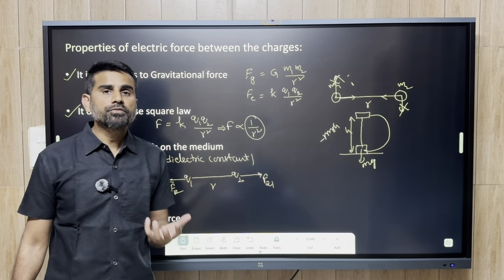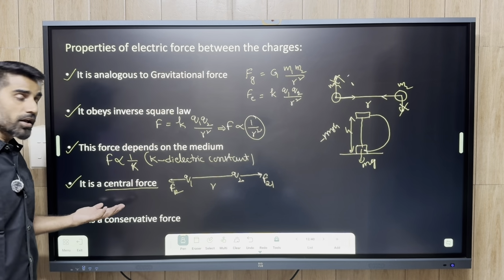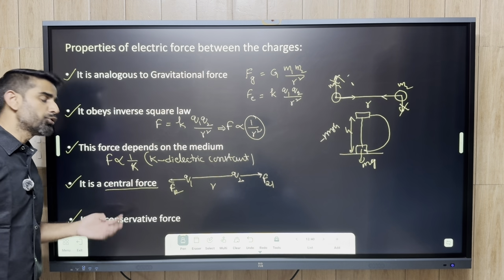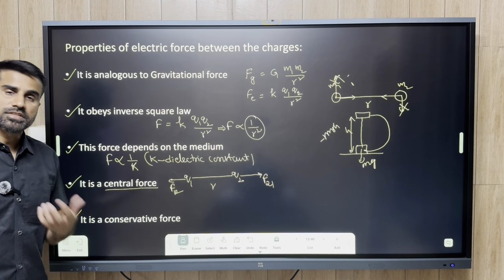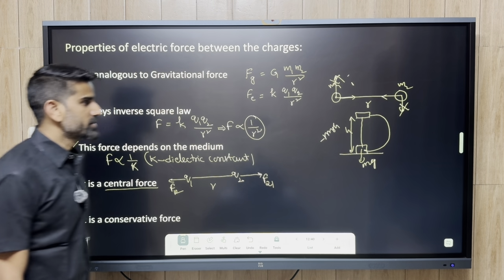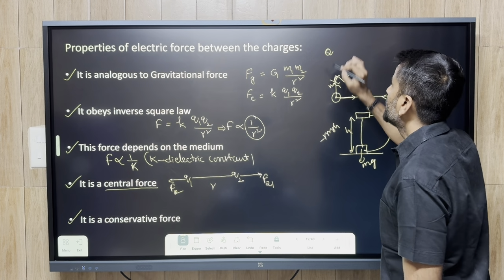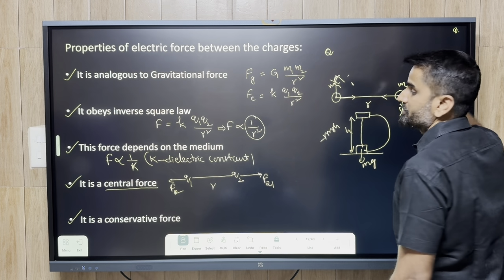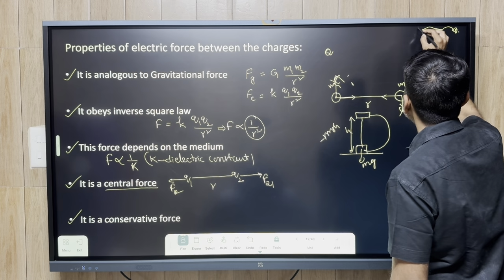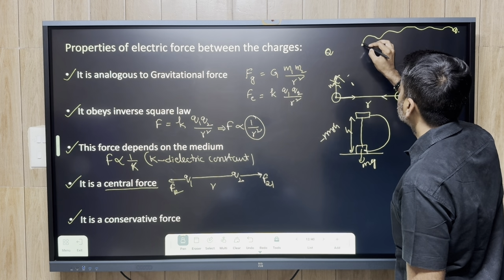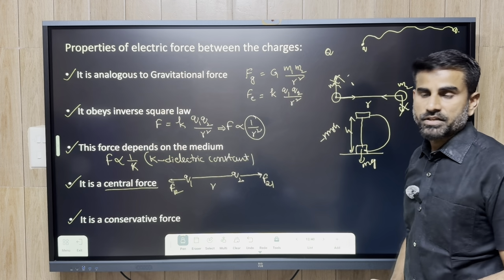Similarly, the work done by the electric force between the charges is also independent of the path followed by the particles or charges. Let's say for the electric force, I've taken one charge here and the other charge somewhere at infinity. I've taken this charge along some path to somewhere in the vicinity of the first charge.